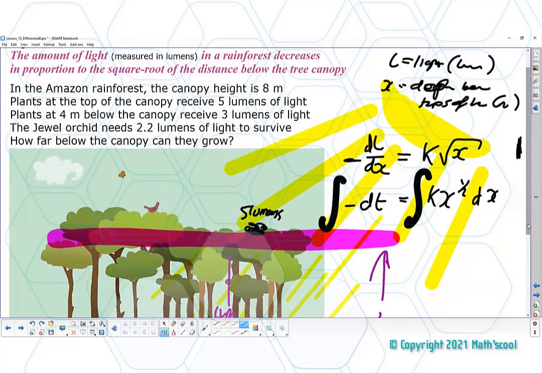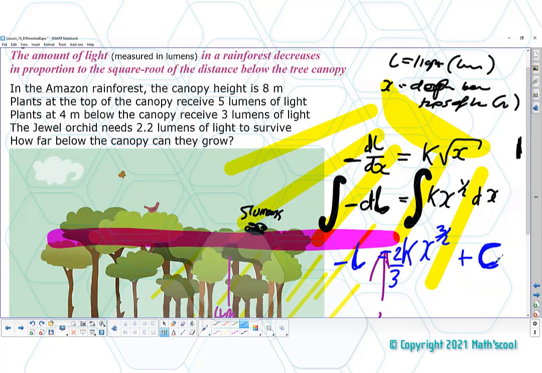So let's integrate it. So that gives us minus L equals k x to the 3/2 times 2/3 plus C.